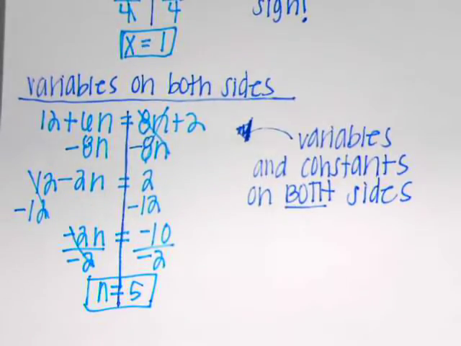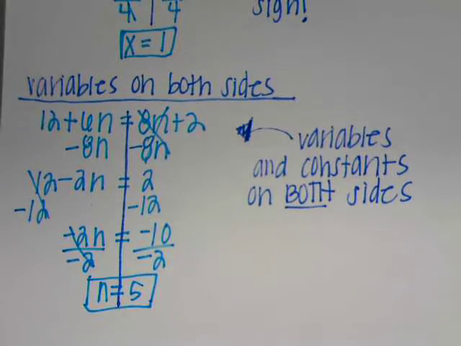This is when you have the variables and the constants on both sides instead of the like terms being on the same side. Okay?